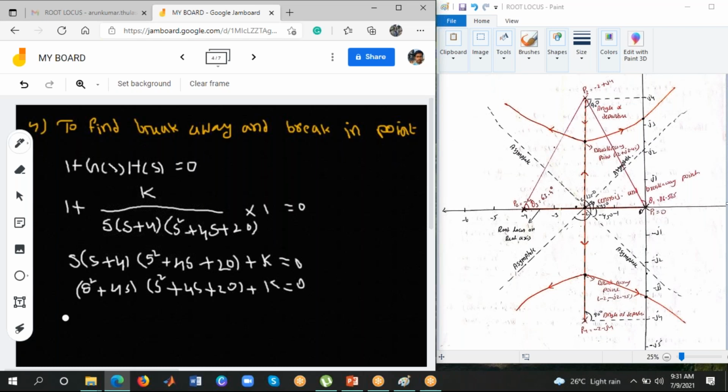Next, what you'll get: s power 4 plus 4s cubed plus 20s square, plus 4s cubed plus 16s square plus 80s, plus K equals 0.